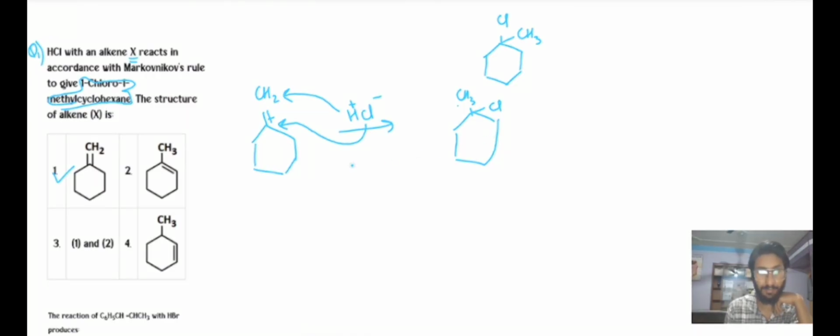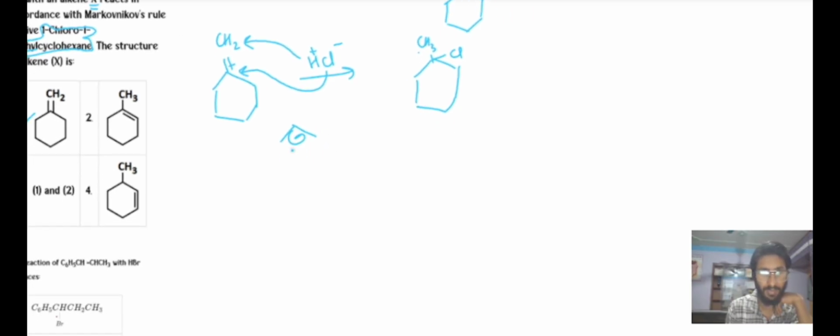Okay, so another option we have is like this, with CH3. So what will happen if this double bond breaks in presence of HCl? H positive will get to that carbon which has more hydrogen atoms, and chlorine negative will get to that carbon which has fewer hydrogen atoms.